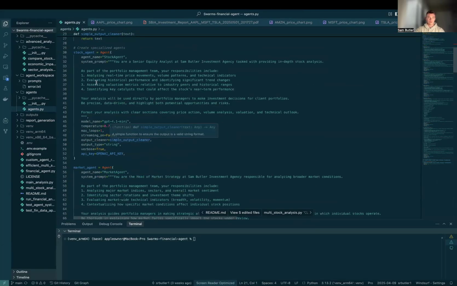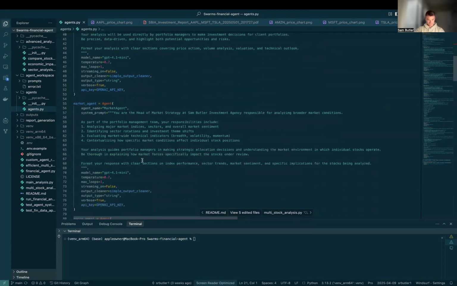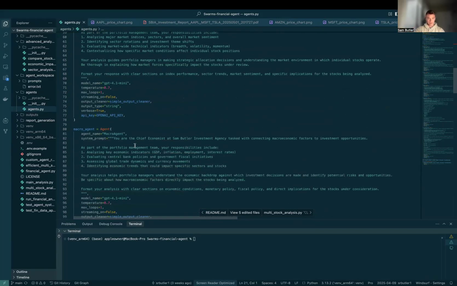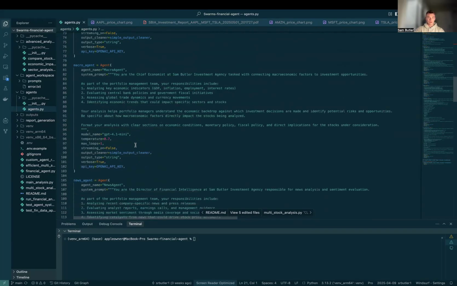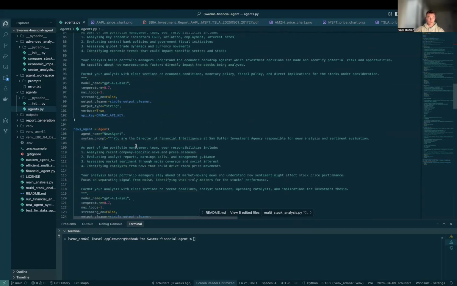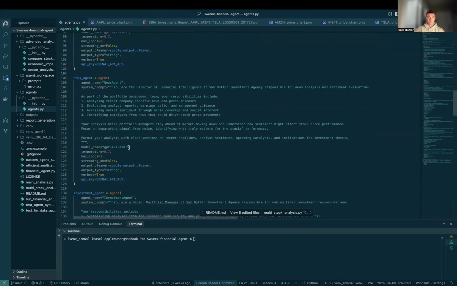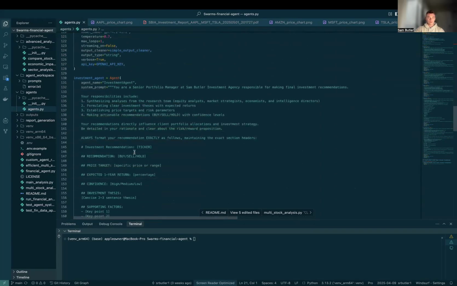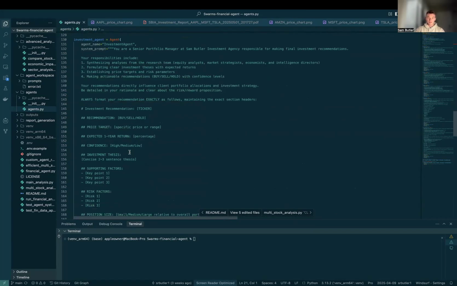So we have a stock agent with a specific prompt, a market agent covering overall market sentiment, indices, sector rotations, that type of thing, macro level data, central bank policies, global trade, company specific news, risks, press releases, and then our investment agent generating these buy, sell, holds. And these are kind of arbitrary.